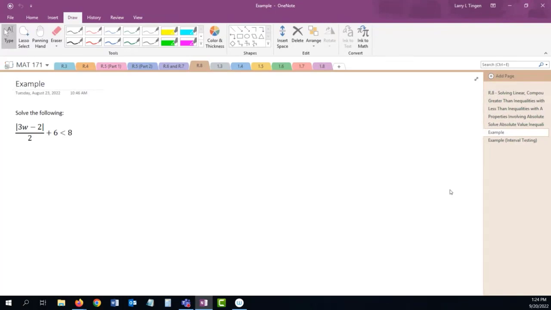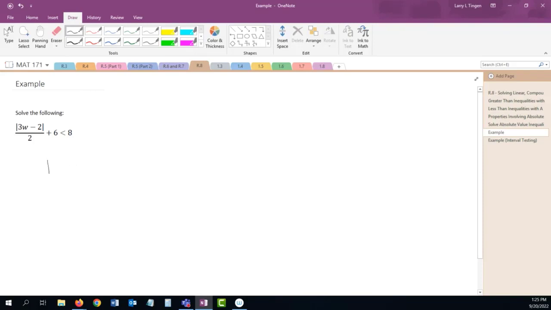Okay, well now they've gone and done something else, right? Now they've added some rational expressions to this. Now I have the absolute value of 3w minus 2, all divided by 2, plus 6 is less than 8. Again, you don't know how to do this problem yet, but you can make it look like a problem you know how to do very easily.